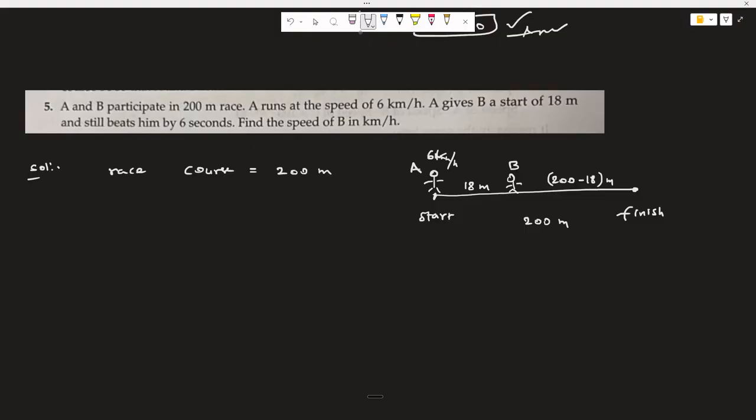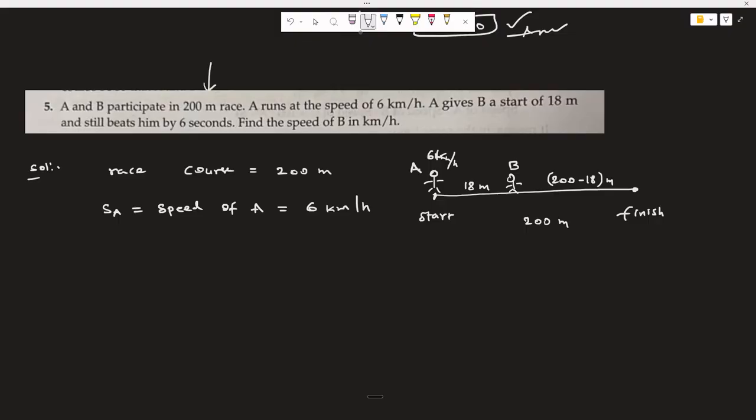So race course was 200 meters. And the next, speed of A. Write down SA and write down speed of A. Speed of A, they gave 6 kilometers per hour. But here, one factor you should identify.